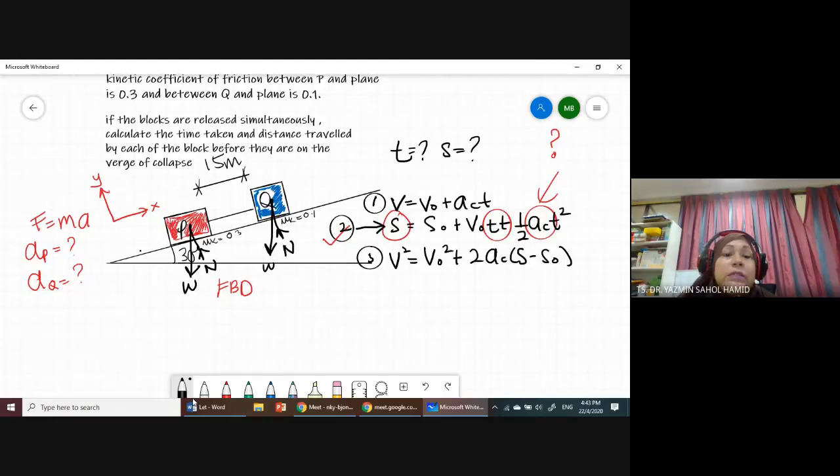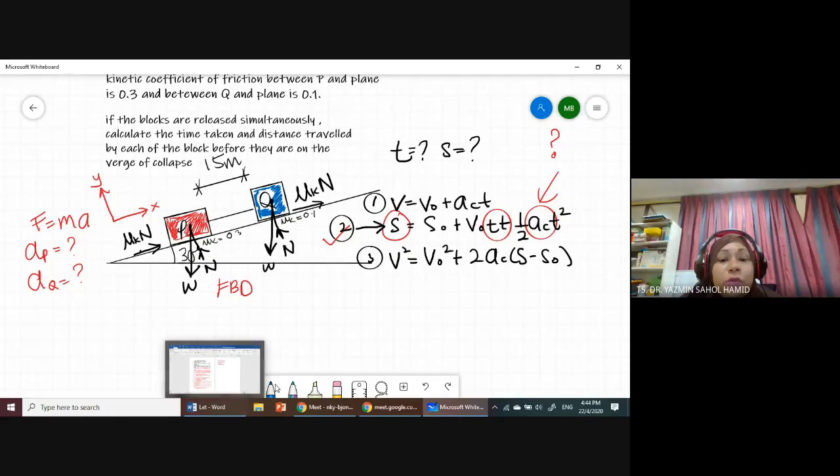Since these blocks are moving down the hill, the friction must be in the opposite direction, up the slope. So it will be mu k N. The friction is different for both. Understand?